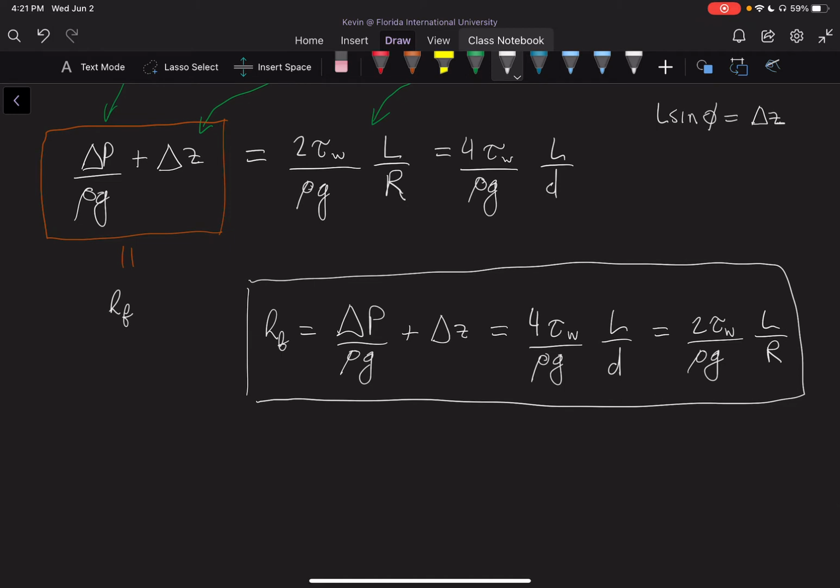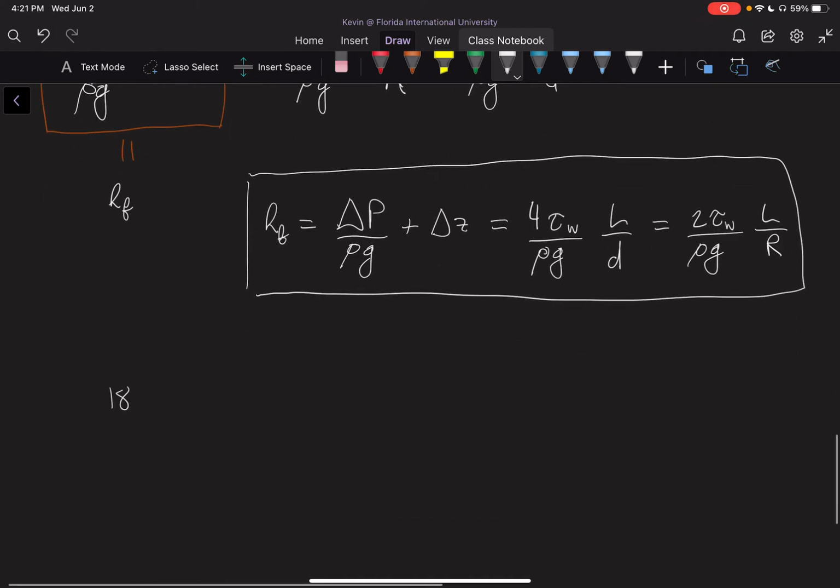Now, in 1850, an engineer called Weissbach came up with the idea that the friction head was actually proportional to different terms by doing some experimental testing.